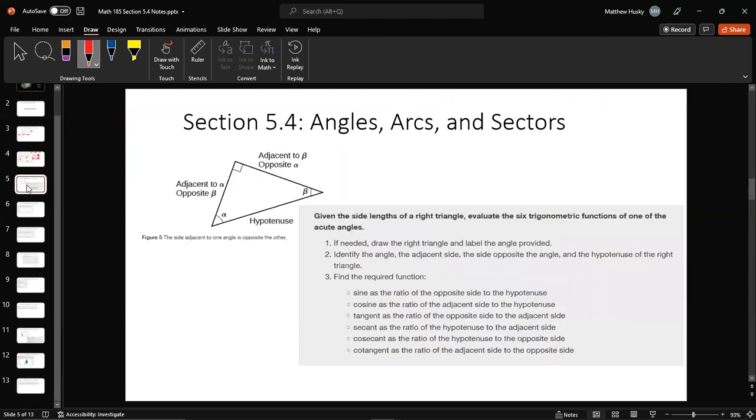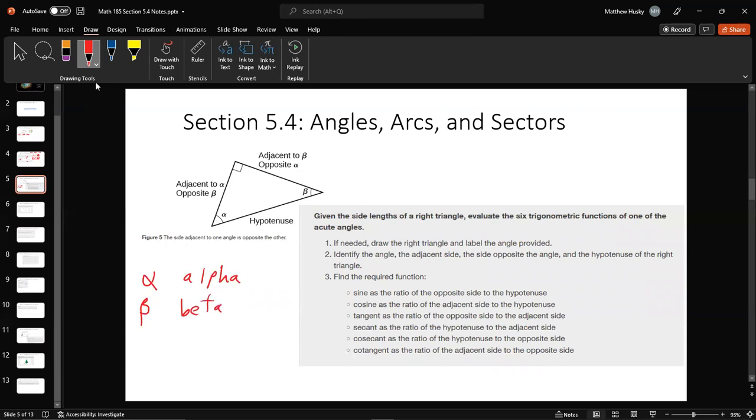What else do we have? Let's see. The moral of this story is we've got these two different angles here. This is the Greek letter alpha. And then there's this one, which is the Greek letter beta.